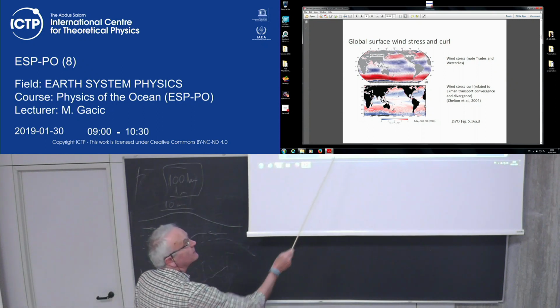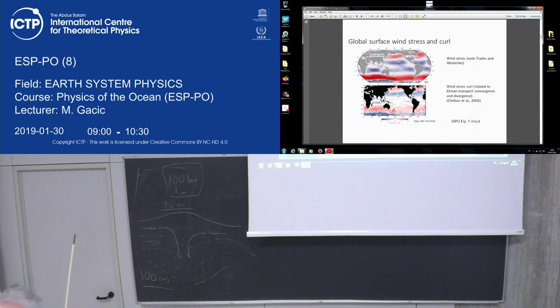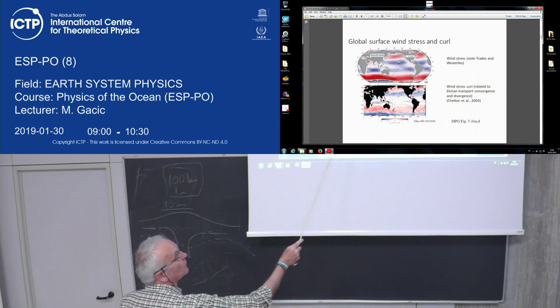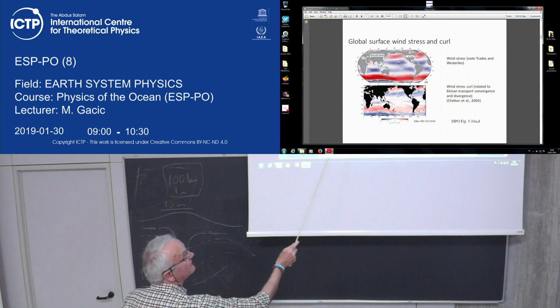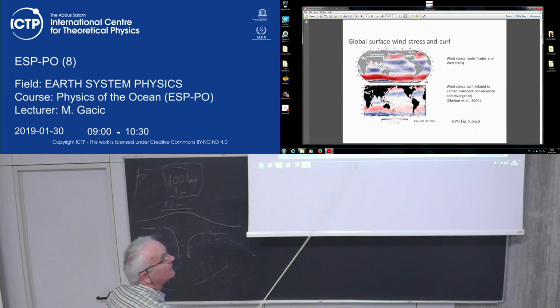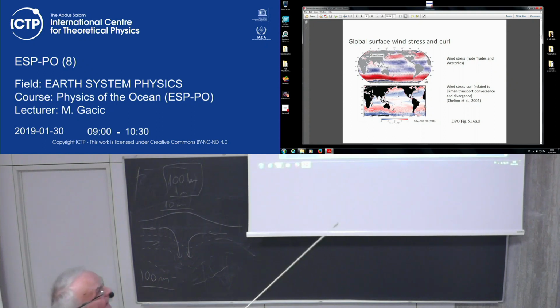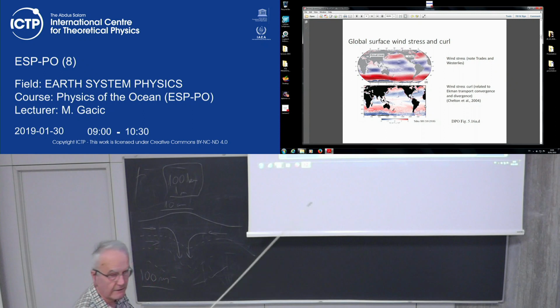This superimposed on a thermohaline circulation gives the way in which the heat is transported from the equatorial area toward the polar areas, and then you have here the closed circulation because of the continuity equation, where the northward flow has to be compensated by southward flow in some part of the ocean.